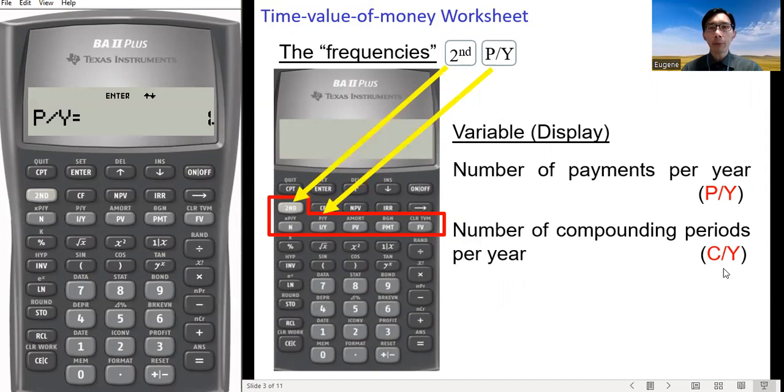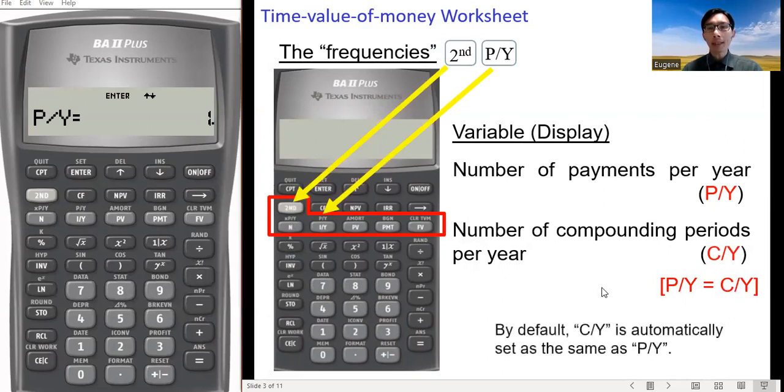However, when we do the input, we will input the value as PY because PY equals CY for the problems involving only a single payment. And the calculator will automatically set the value of CY the same as the one we input for PY.